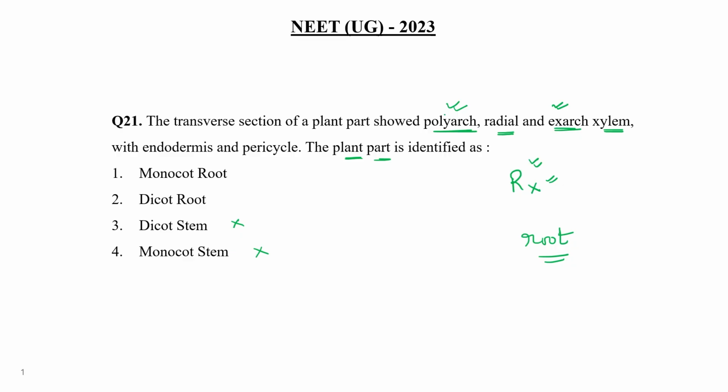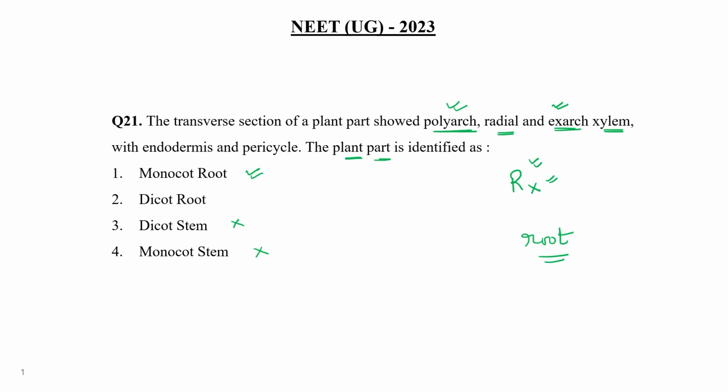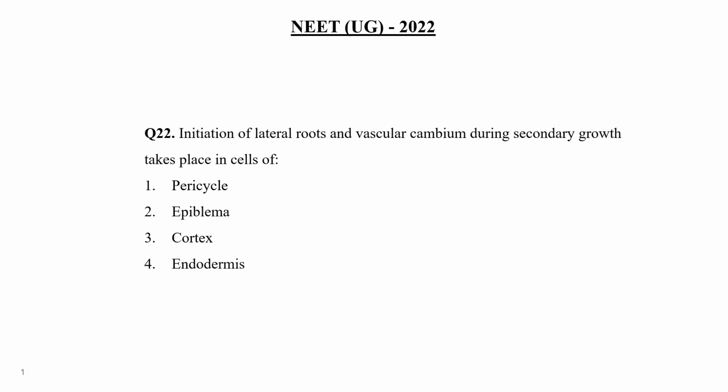As these are polyarch and radial in nature, choice number 1 would be the correct answer, monocot root. Clear? So next question number 22. Initiation of lateral root and vascular cambium during secondary growth takes place in cells of.